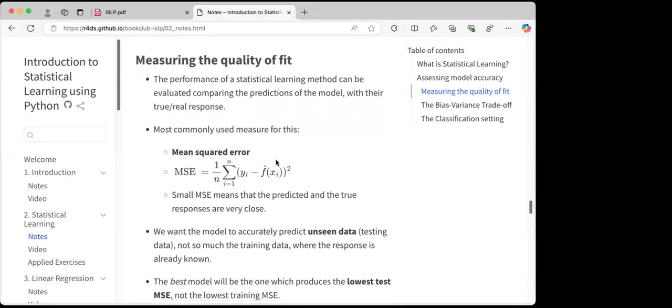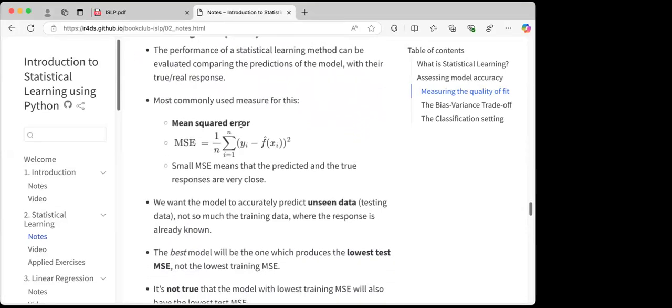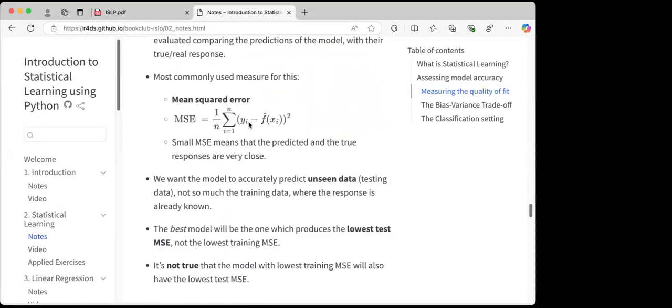So the most commonly used measure is the mean squared error, which is the average of the squared difference between yi, the actual y, the true y, and the estimated f at a particular data point, let's say at xi, it could be x0, x1.